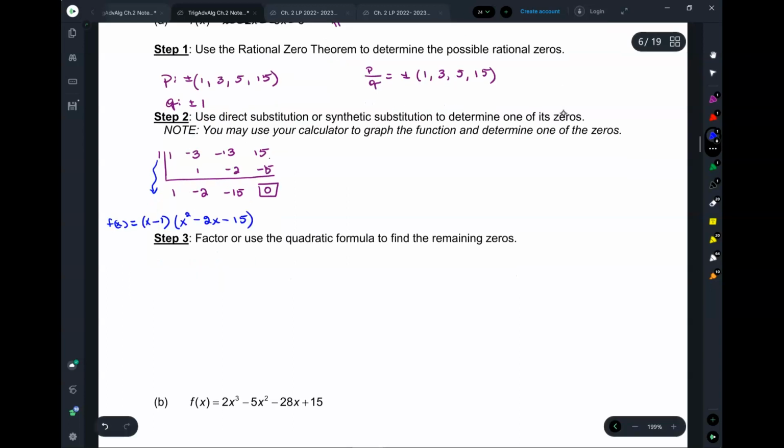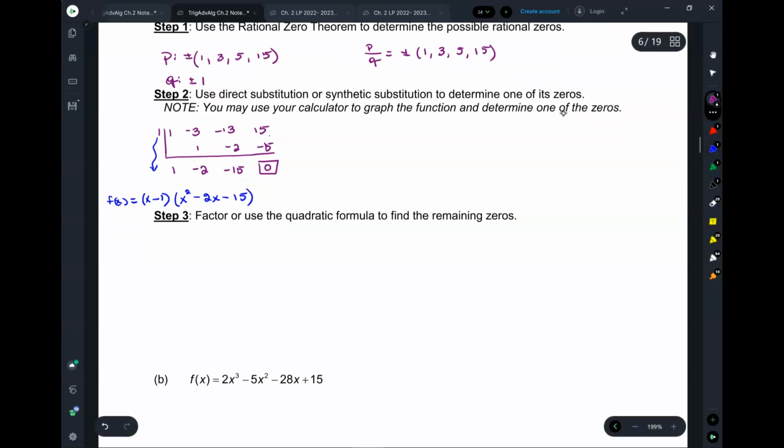The next step is factor or use the quadratic formula to find the remaining zeros. So look, now we have f of x is equal to this. So now, I'm going to rewrite the x minus 1, but can we factor this one? It's x minus 5, x plus 3.